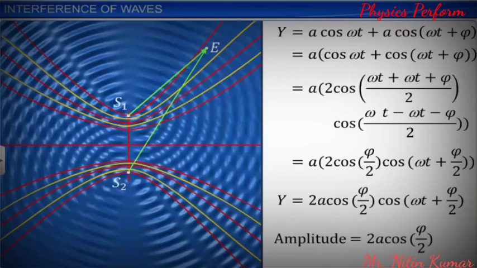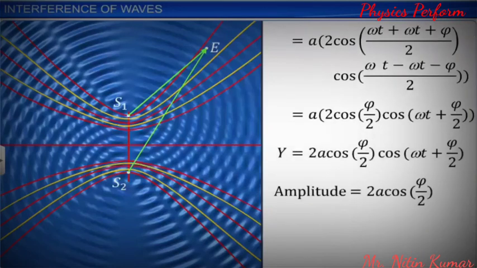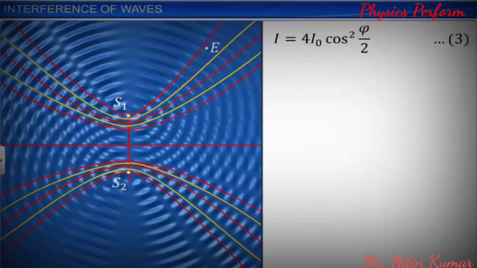Therefore, the intensity at E is I equal to 4a square cos square (phi by 2). This can also be written as 4 I naught cos square (phi by 2). Let this be equation 3. Equation 3 is a general expression which enables us to find the intensity at any point on the surface.